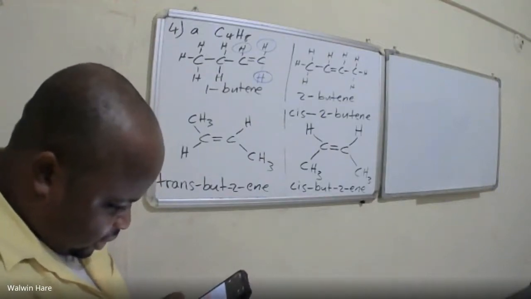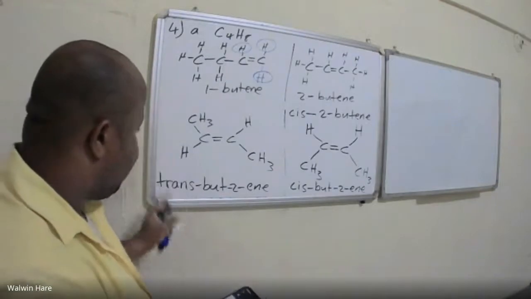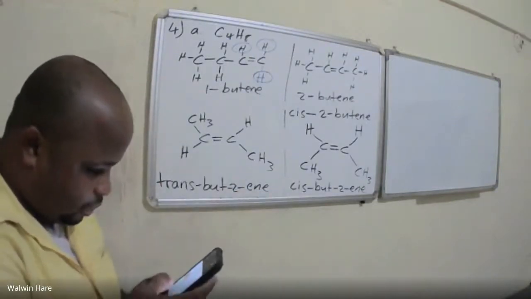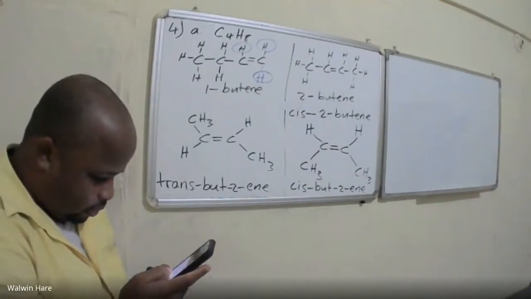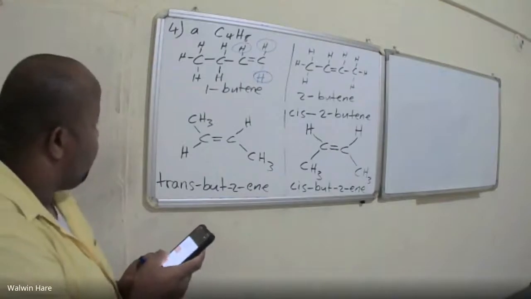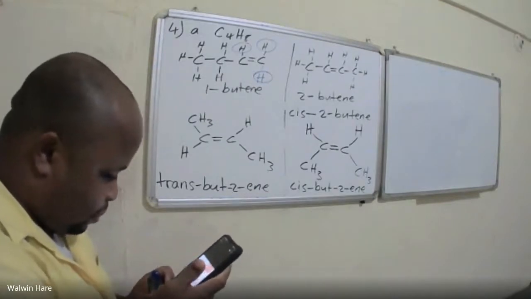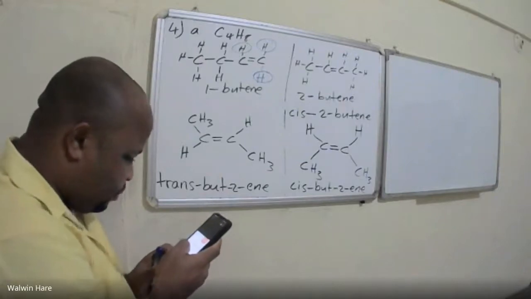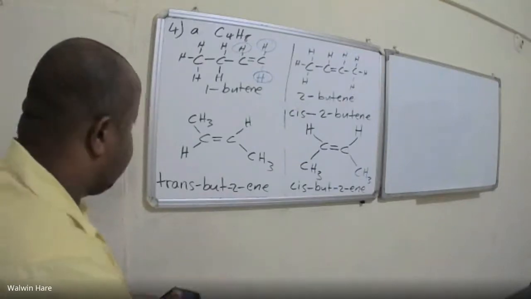Draw and state the name. So 1 mark for each name and 1 mark for each structure. So that was 6 marks. And then for part 2, so that was A4A1. For part 2, it says draw the displayed formula of 2-butanol.